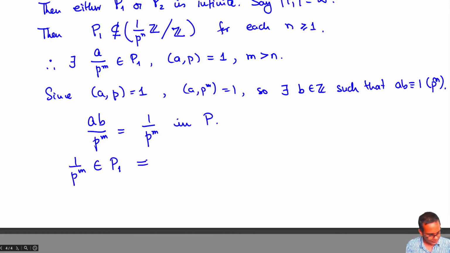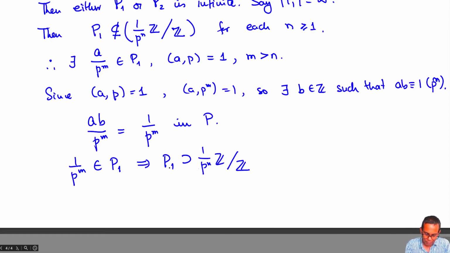which also implies that P1 contains 1 over P to the n Z mod Z. This is because every element in 1 over P to the n Z mod Z is an integer multiple of 1 over P to the m. So since P1 is a subgroup, if it contains this element, it will contain every multiple of it, and so it must contain this.